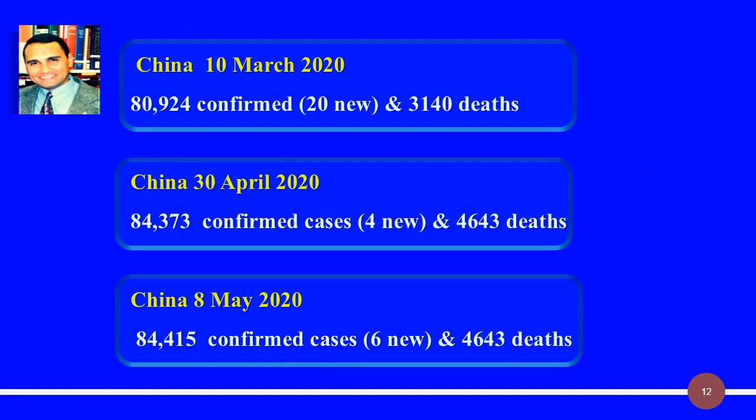An example of case counting during the last pandemic of SARS-CoV-2 in China: on 10 March 2020, the total number was 80,924 confirmed cases, with 20 new cases on the same day, and a total of 3,140 deaths.